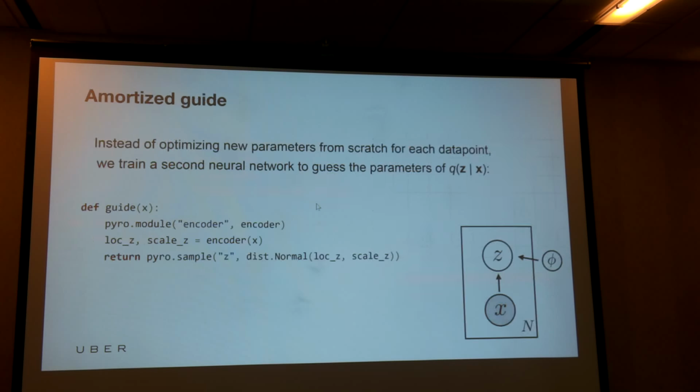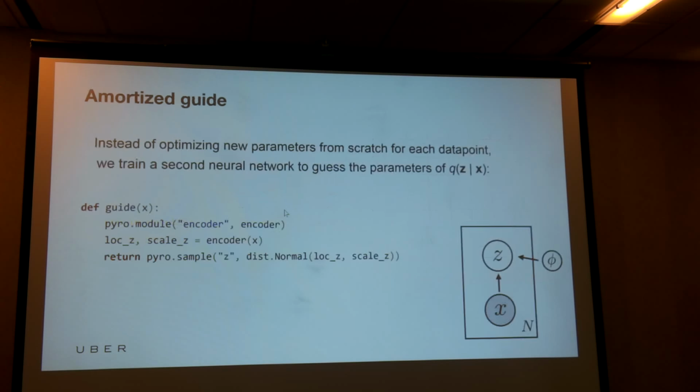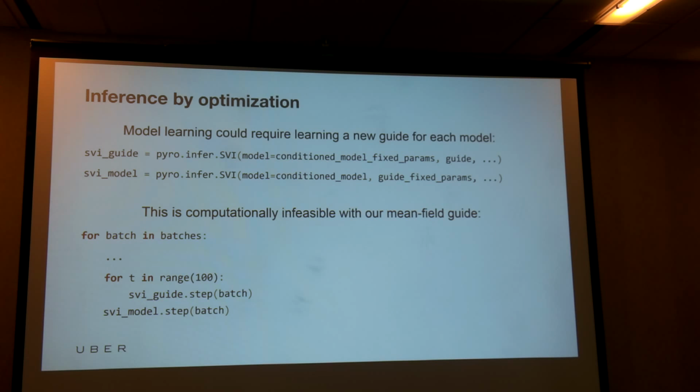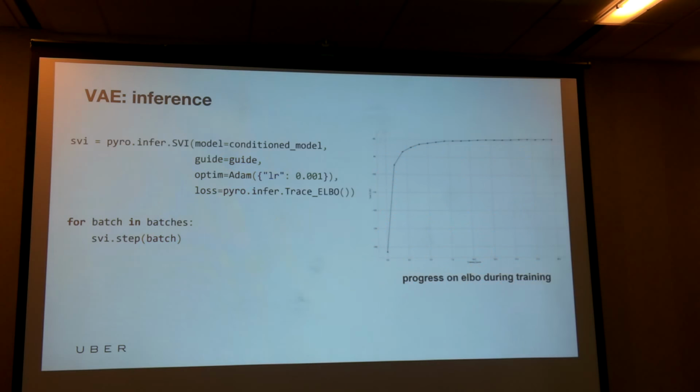And actually I forgot to mention, it should be apparent in this code that now, rather than the loop we saw before, where we were alternating between updating guide parameters for a fixed model and updating model parameters for a fixed guide, we're actually taking a single gradient step on both of those at once.